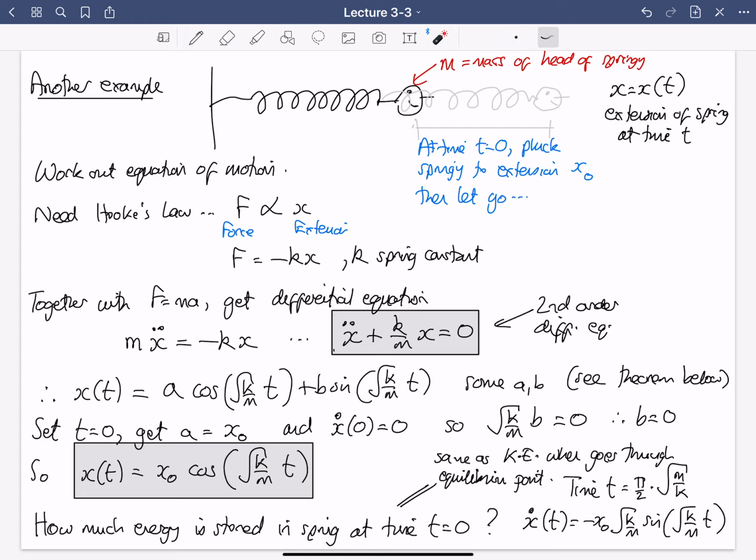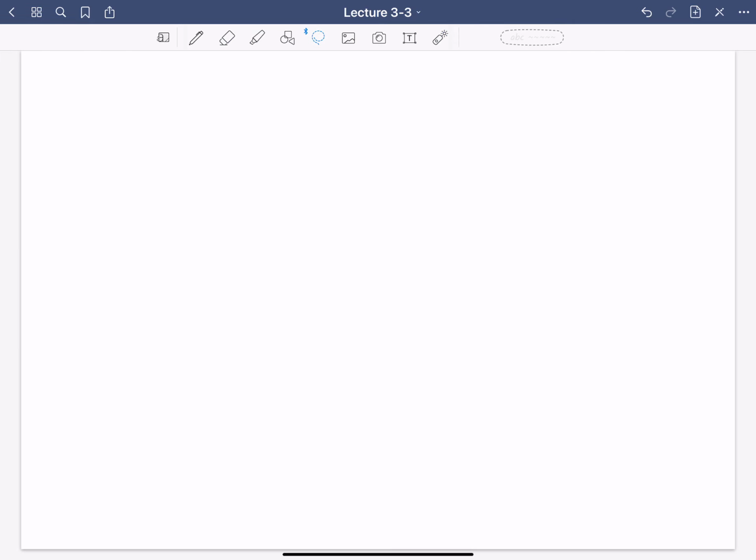And I've got to plug in this particular value for t in here. And did I differentiate right? Yes, I did. And when you plug that in there, sine of pi by 2 is 1. So that tells me the velocity x dot. I've just run out of room a little bit here, so maybe let's start a new slide.